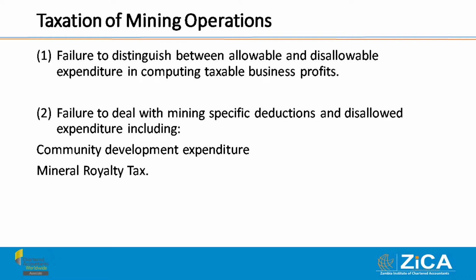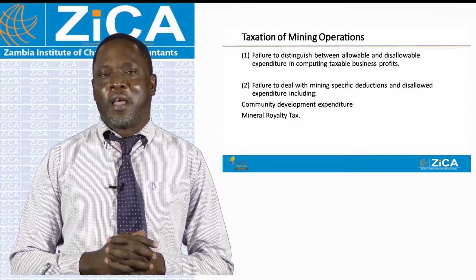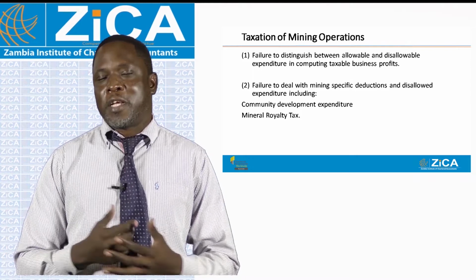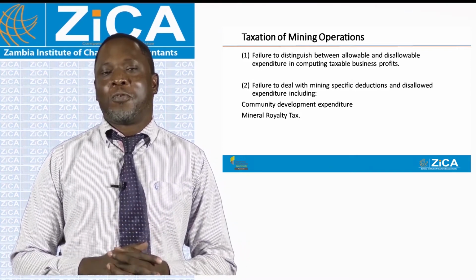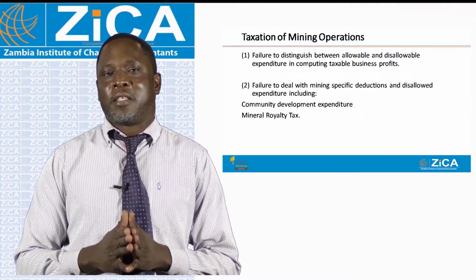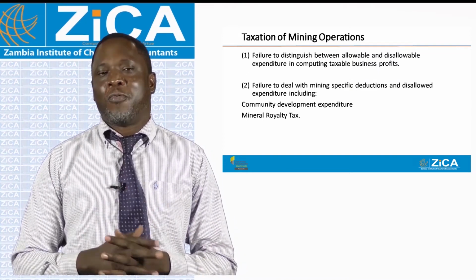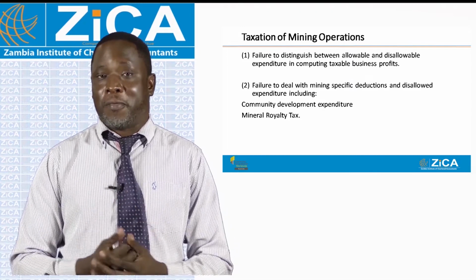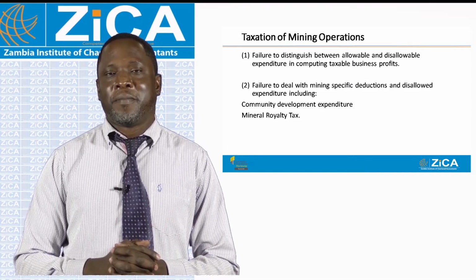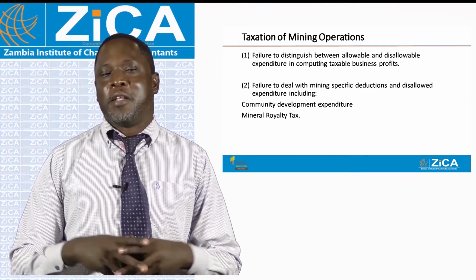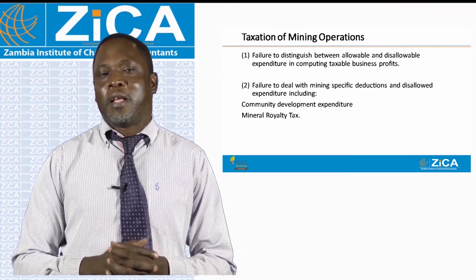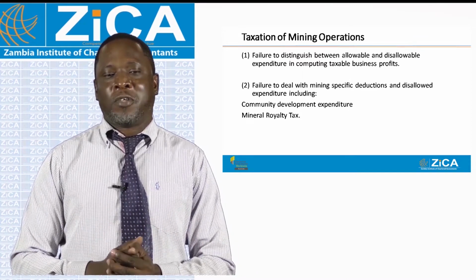Taxation of mining operations is another topic which is answered poorly in examinations. What are the major challenges in this particular topic? Students fail to make distinctions between allowable and disallowed expenditure. They fail to deal with capital allowances when dealing with expenditure incurred by a mining company in the mining township.